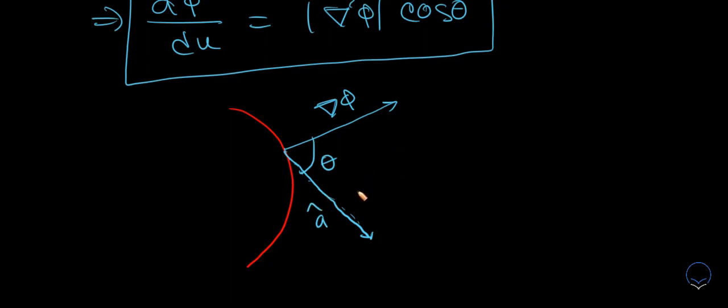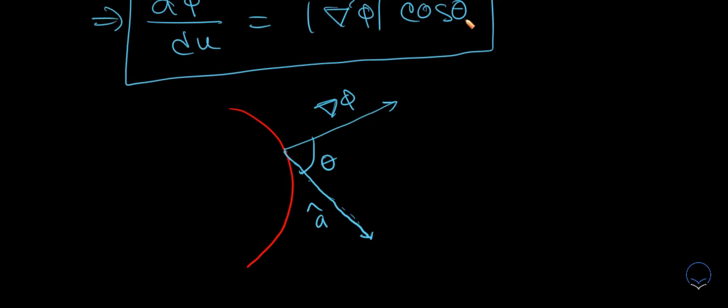And from this figure we can easily see that this d phi by du, that is the rate of change of the field itself, is along the direction of a hat. And this means that the gradient is actually the direction in which the curve or the function, that means the function phi, changes faster.